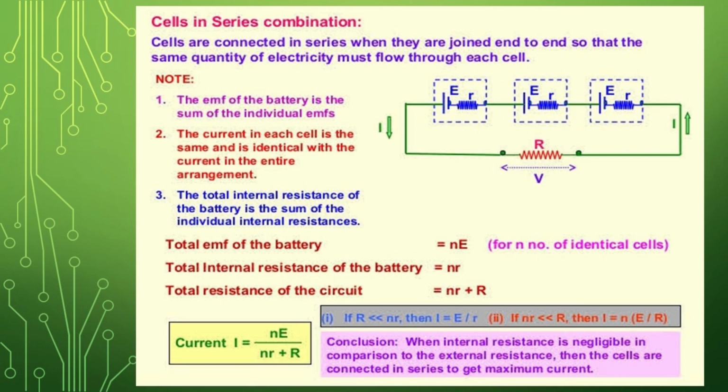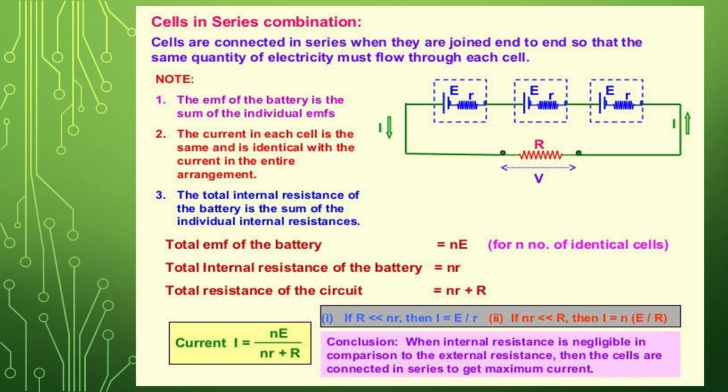If external resistance is very much smaller than internal resistance, then the above equation changes to I equal to E by small r.